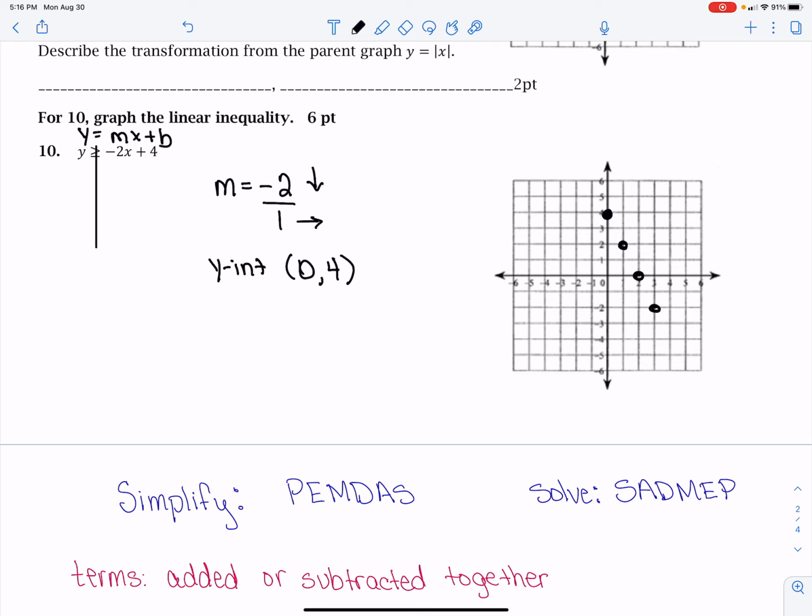Okay. Now, when it is greater than or equal to or less than or equal to, that's a solid line. When it's just greater than or less than, then that is a dashed line. So let's go ahead and draw that line.